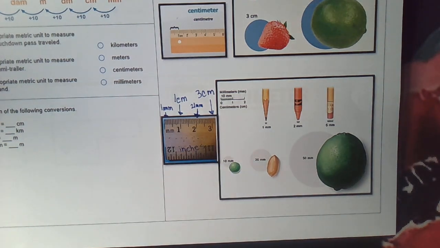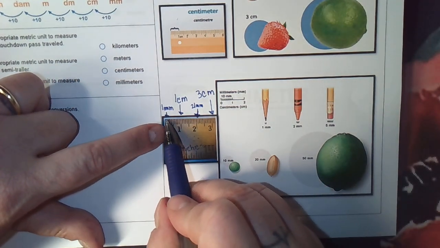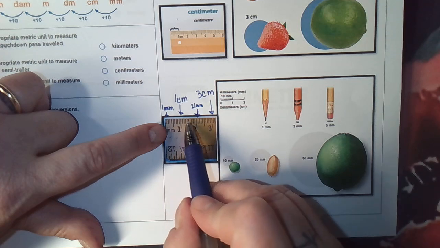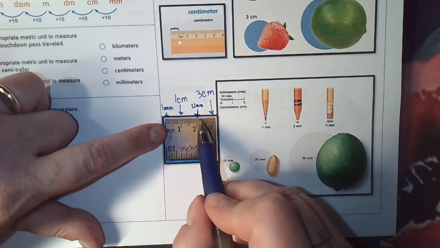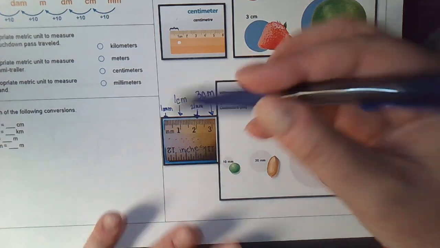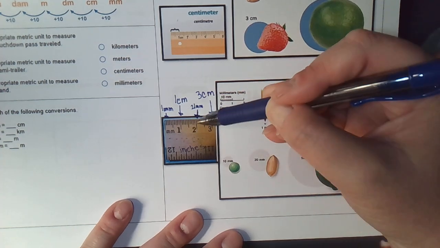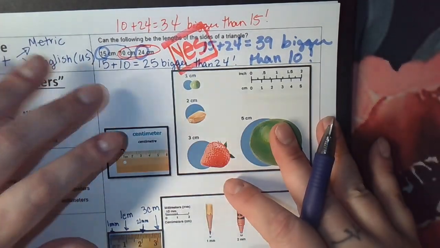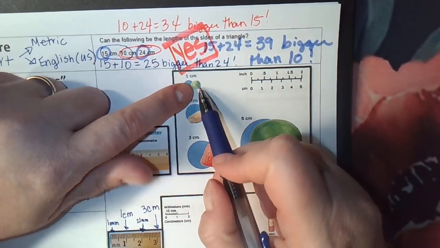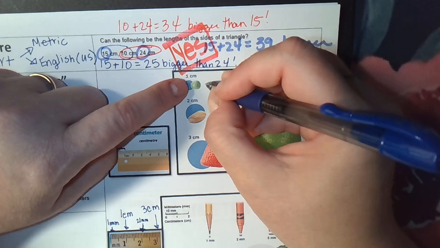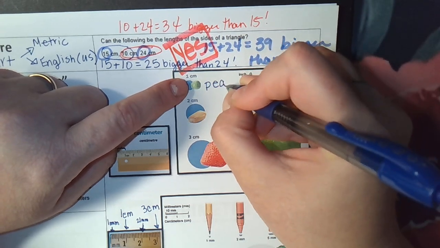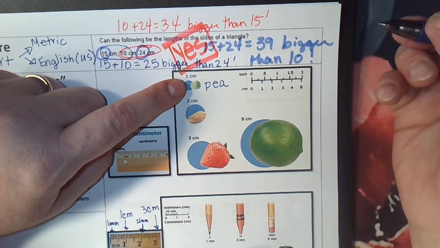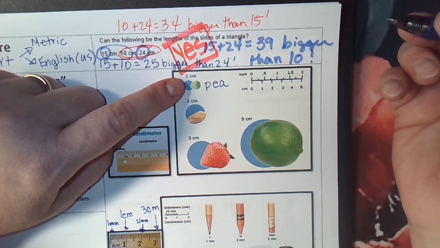So millimeters are super tiny. They're the super short lines. Centimeters are the bigger lines. And then inches are on the other side. So let's look. 1 centimeter is how you would describe a pea that you eat, like green peas. That's about as big as a centimeter.